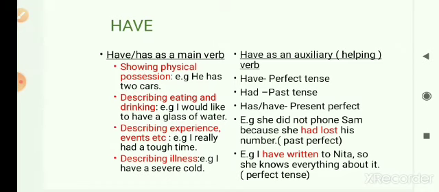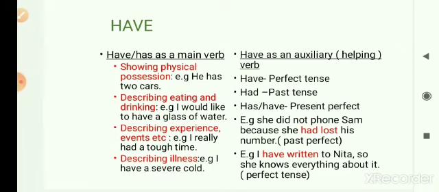Describing experiences, events, programs, etc. Example, I had a tough time last night. I missed my bus. I had a good time, and so on. Describing illness: I have a cold. She has fever. I have a severe headache, and so on.